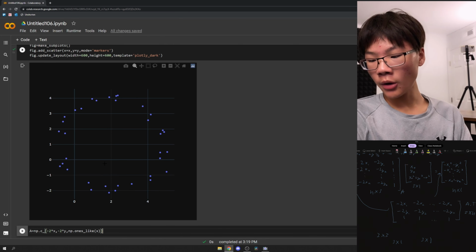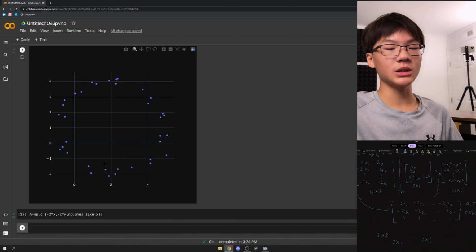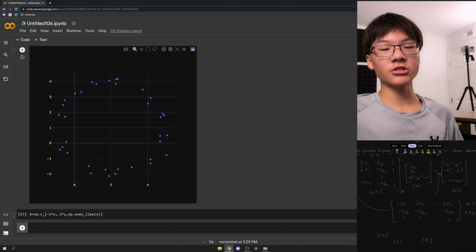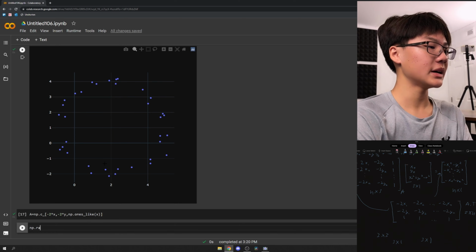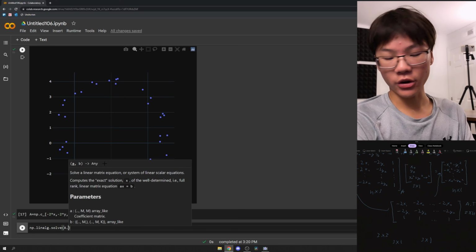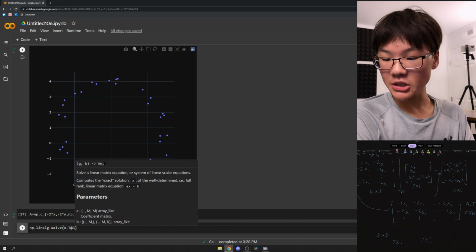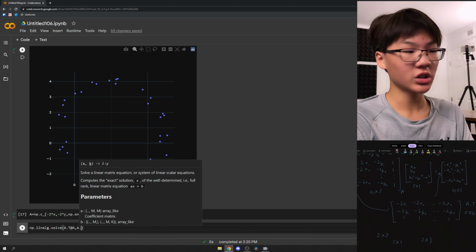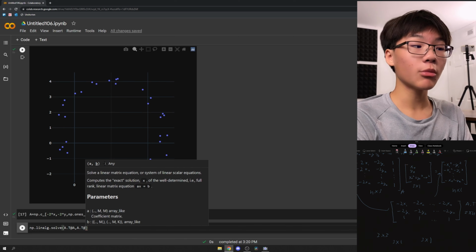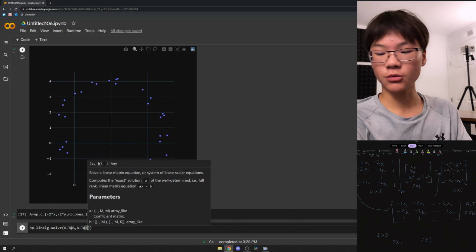And after that, all we have to do is just do the linear algebra. So to do this, once again, we're going to be using NumPy's linear algebra solve method. So that'll just be numpy.linalg.solve. And on our left-hand side, we're going to have the transpose of our design matrix multiplied by our design matrix. And on the right-hand side, we're going to have the transpose of our design matrix multiplied by this combination of our x and y values.